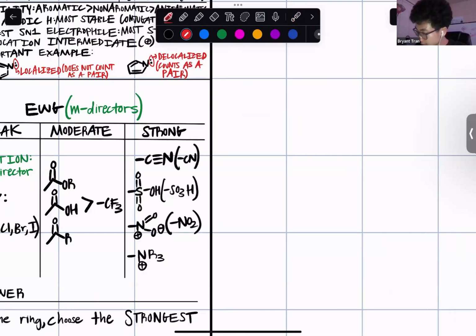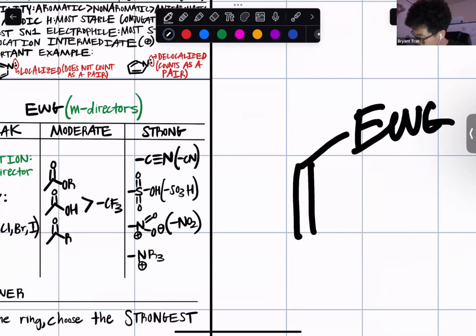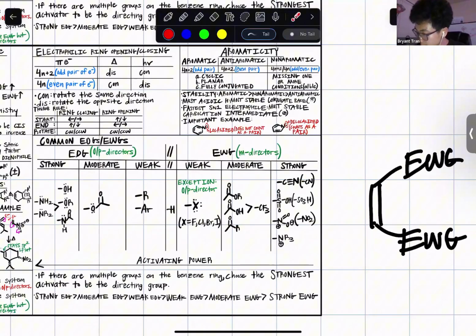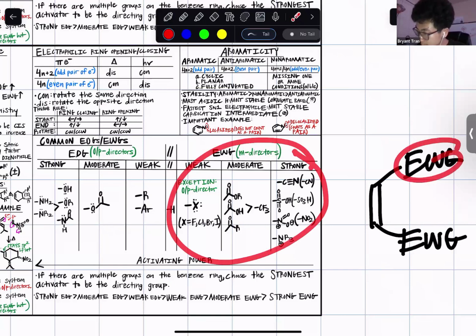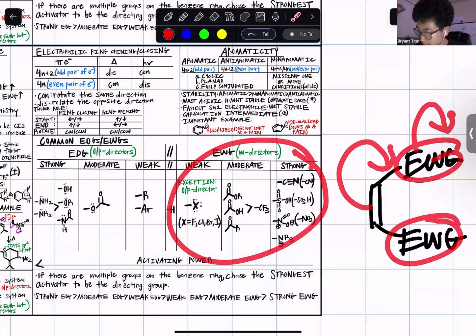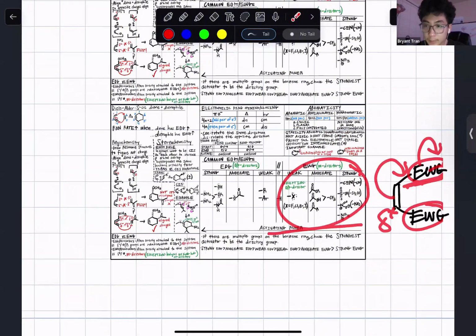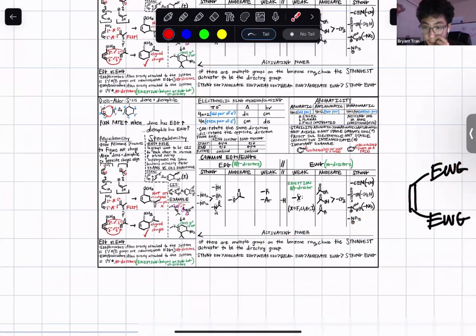If you have a dienophile here with multiple EWGs, you would look at the EWG strength to see which EWG would withdraw the alkene from the dienophile. If this is the stronger EWG, based on this chart, then the positive charge would be down here. Yeah, so it does not only apply to benzene, it applies to dienophiles as well.